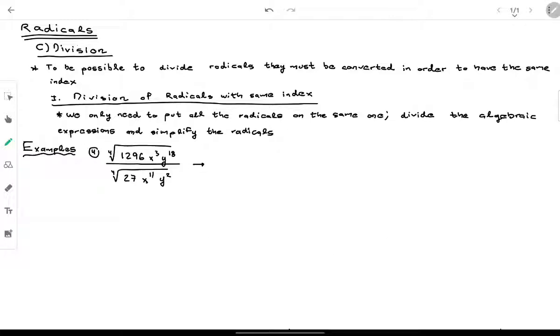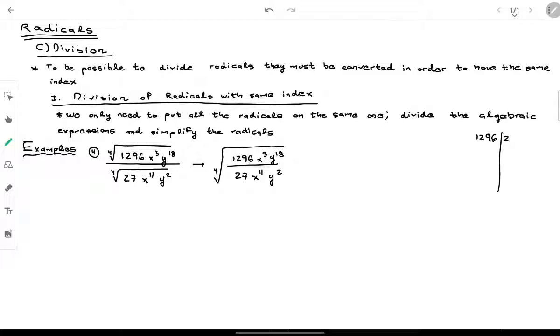First of all, we can put it in a single radical. So on top it's going to be 1296 x cubed y to the 18, all of it divided by 27 x to the 11 y squared. So after this one, let's decompose the 1296.